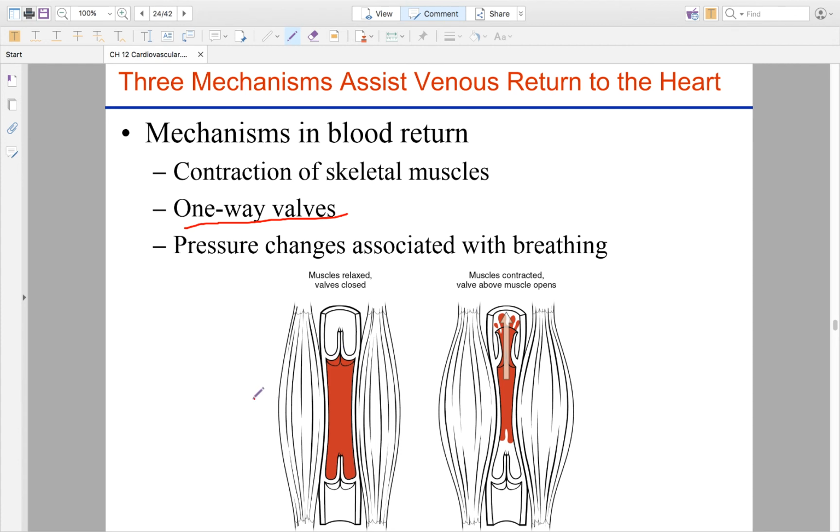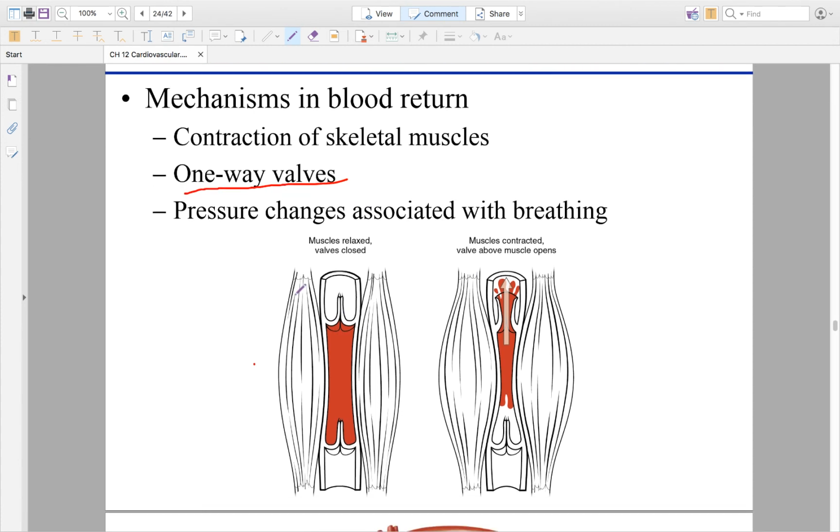So one-way valves means this. Here's what we're looking at. These are muscles, of course, and there are veins in here, and there's a valve on this side and a valve on this side. Now, when contraction occurs, the blood will push through this valve and move forward into another part of the vein, and then this will close back up, and therefore the blood cannot come back down.